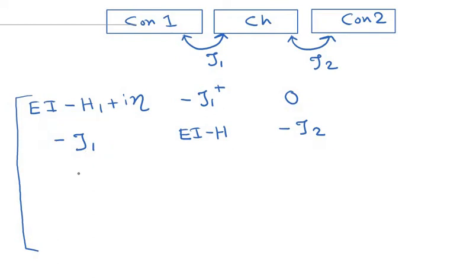Okay, and then this is 0 because there is no coupling between contact 1 and contact 2, and this is equal to minus tau 2 dagger, and this is E I minus H2 plus i eta. H2 is the Hamiltonian of this contact 2, H1 is the Hamiltonian of this contact 1, and H is the Hamiltonian of the channel.